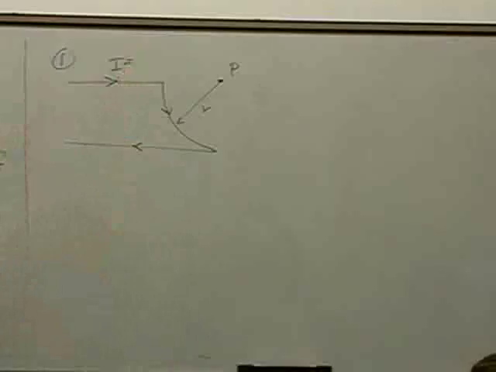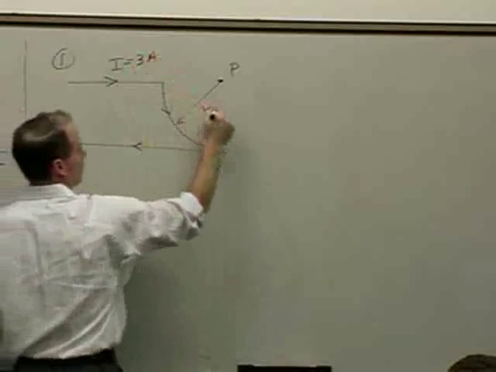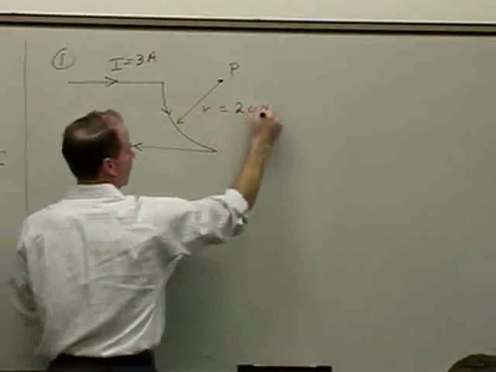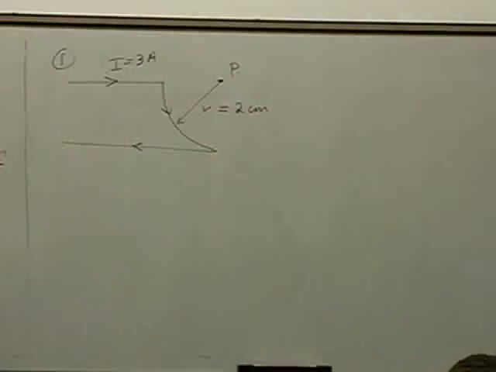The current is equal to 3 amps. The radius of this curvature is 2 centimeters. The question is, determine the magnitude and direction of the magnetic field at point P, at the center of that curvature.